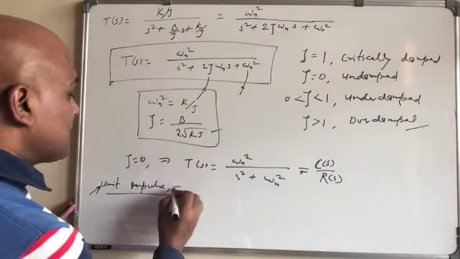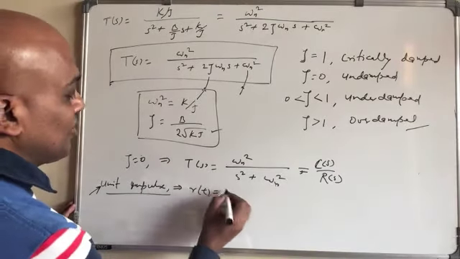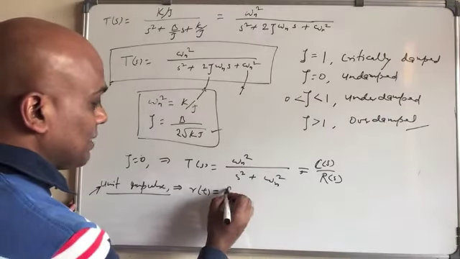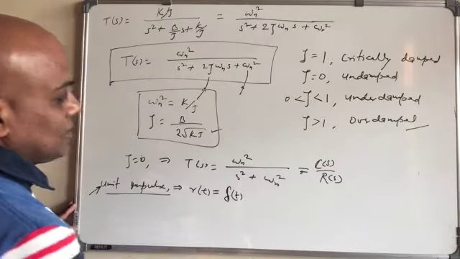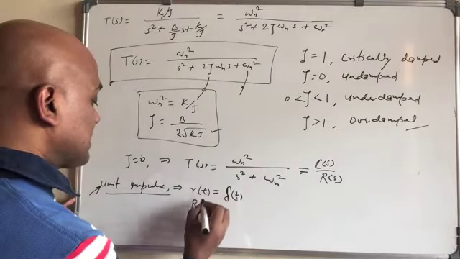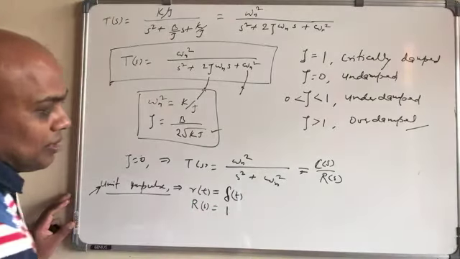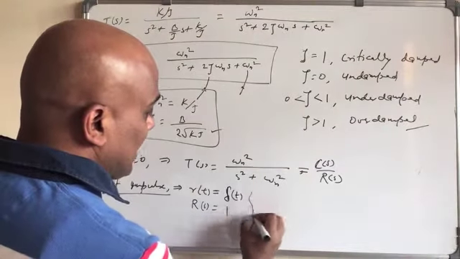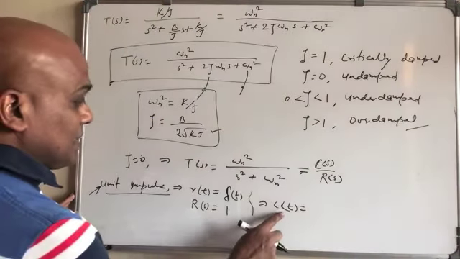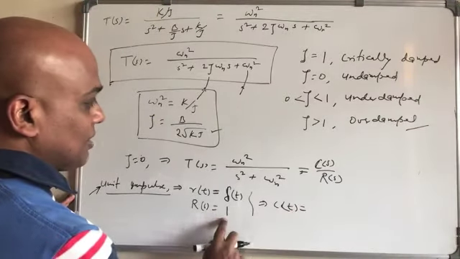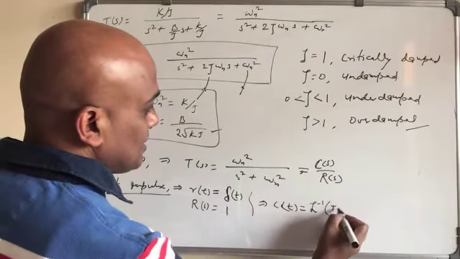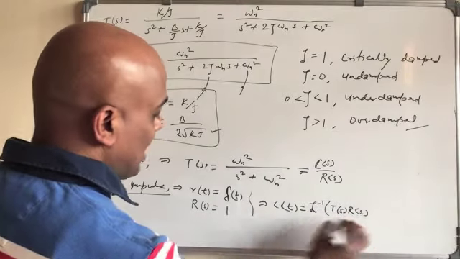For a unit impulse, that means r(t) is equal to a Dirac delta function, delta t, right? That's what that is. And hence R(s) is equal to 1, and hence that tells you C(s) equals T(s) times R(s), where R(s) equals 1.